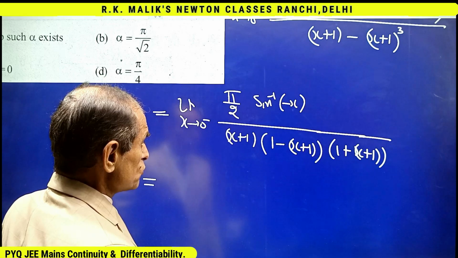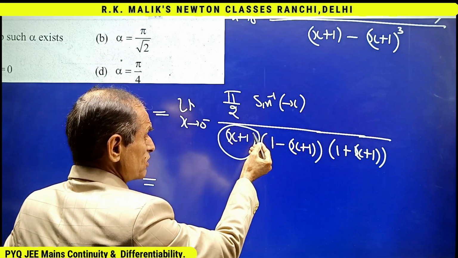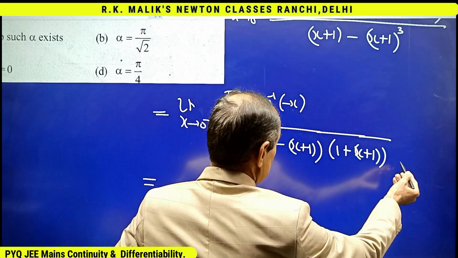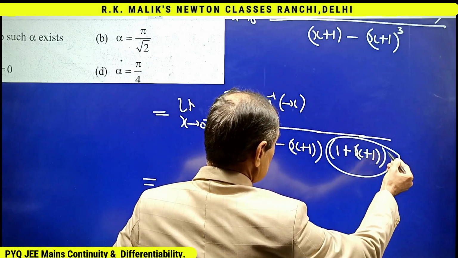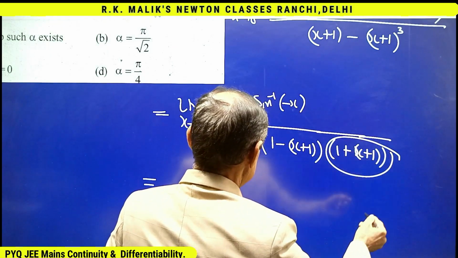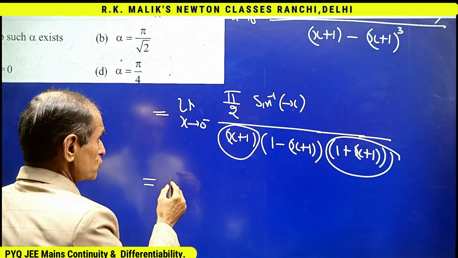Again, as I told you just now, because limit of this part is 1, which is a non-zero finite number, limit of this part is also non-zero finite number, that is 2. Therefore I take the limit of both of them outside.